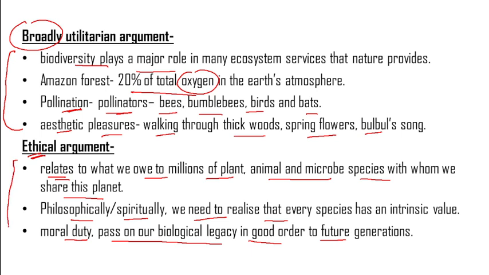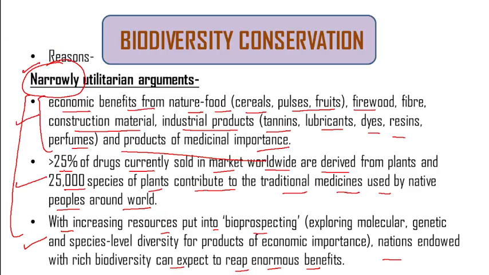These are the points which support the ethical argument for the conservation of biological diversity. Like we have the right to live on earth, similarly all other organisms also have the right to live on earth. This is basically the ethical argument in support of conservation of biodiversity. A 5 mark question, 3 questions could be framed from this particular topic.